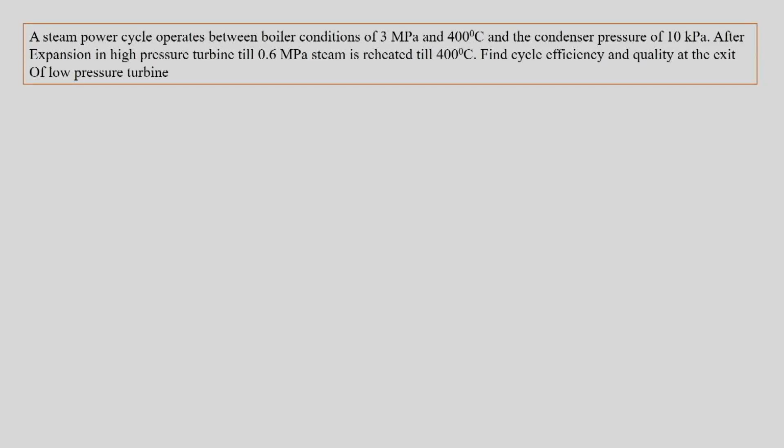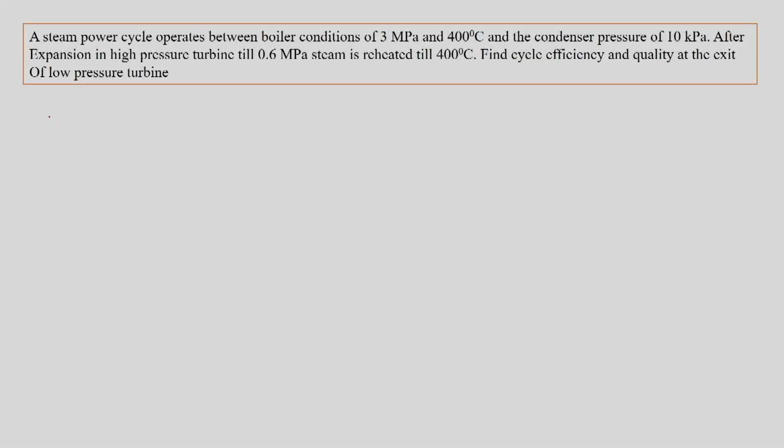It reads that a steam power plant operates between boiler conditions of 3 megapascal and 400 degrees Celsius and a condenser pressure of 10 kilopascal. After expansion in the high pressure turbine till 0.6 megapascal, steam is reheated till 400 degree Celsius.